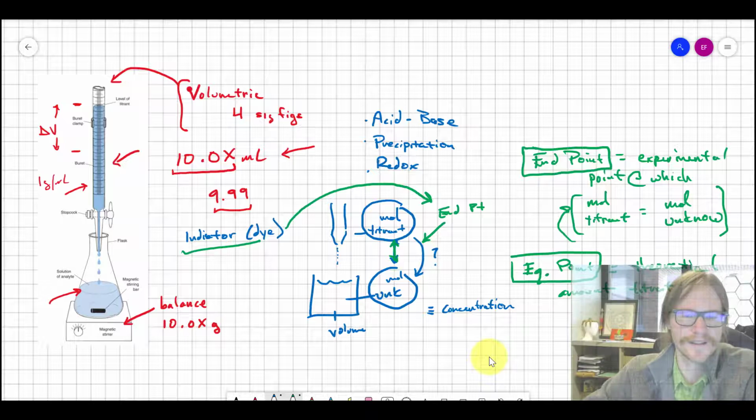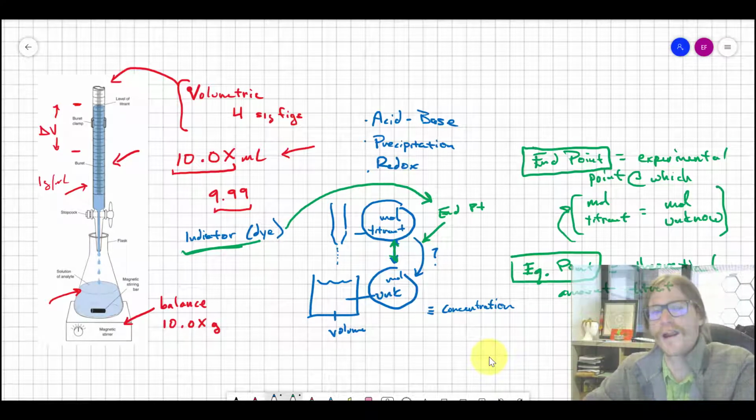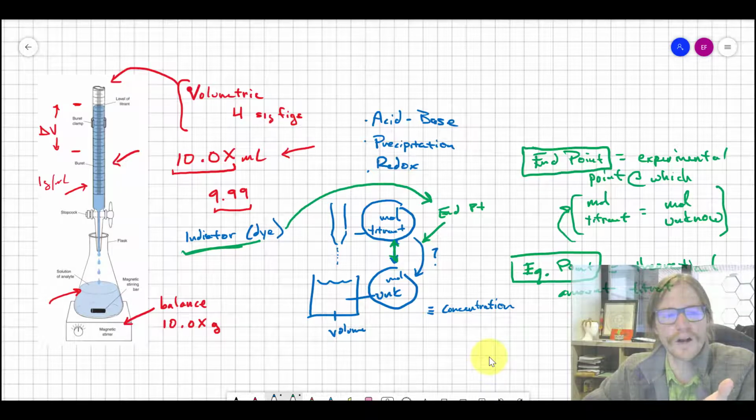The end point is the experimental version, which incorporates whatever error you have for the indicator you're using, your eyes, your method of determination, whatever. Whereas the equivalence point, there's no error. It's simply the stoichiometric relationship determined how much volume of a certain titrant concentration is required to fully titrate or have the equivalent moles of unknown in solution.